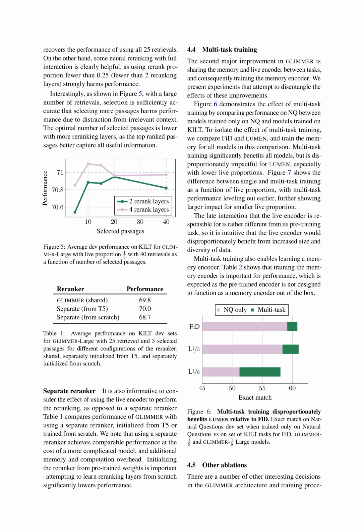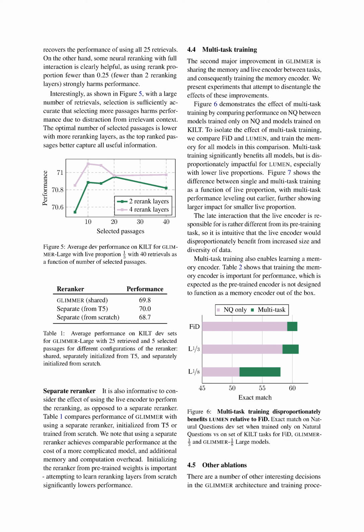Interestingly, as depicted in yet another visualization, when a large number of retrievals are made, the selection process is so accurate that choosing additional passages can actually hurt performance due to unnecessary distraction from irrelevant context. The data suggests that with more reranking layers, the optimal number of selected passages is actually lower, since the highest ranked passages are better at encompassing all useful information.